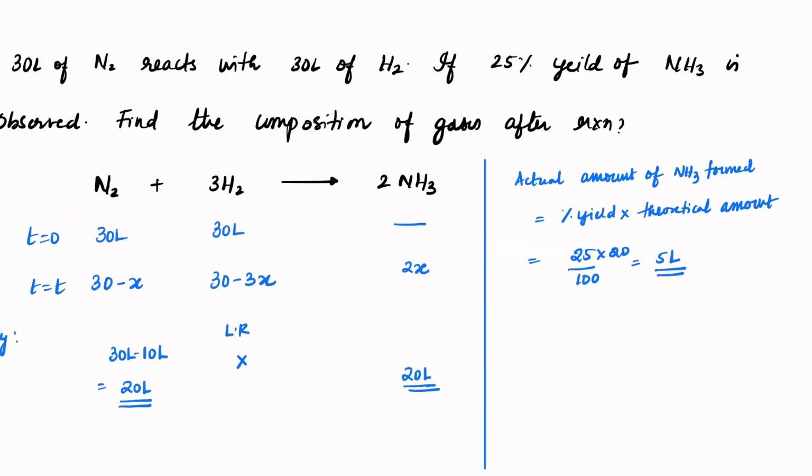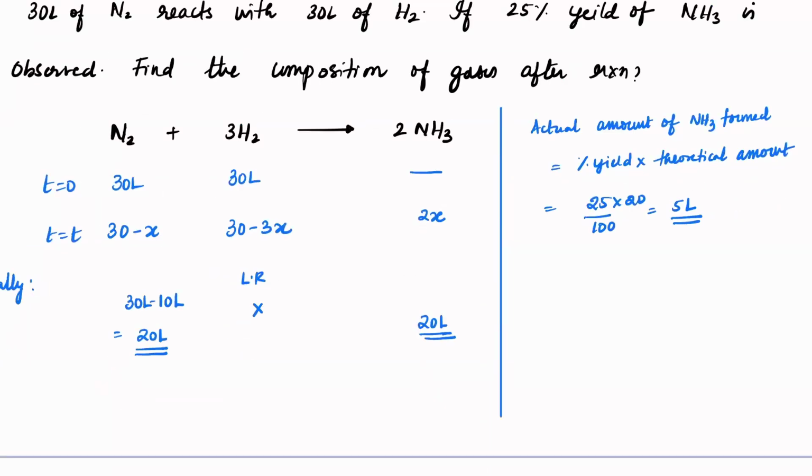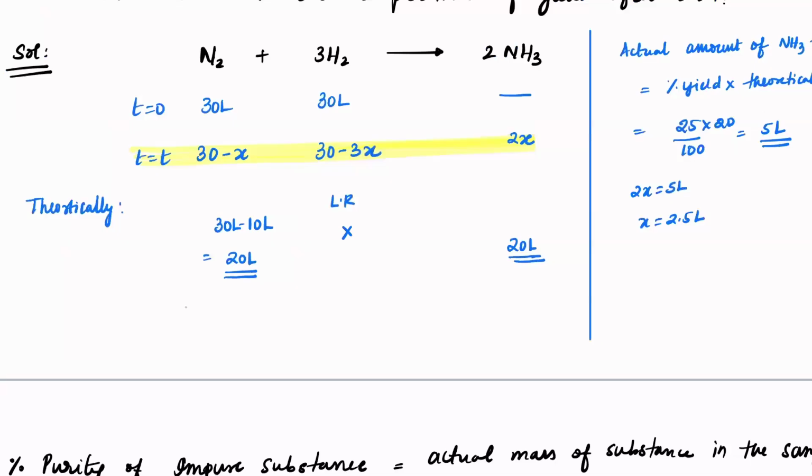So now go back to this equation here, which is what is practically happening. So use that. I can write this as 2x is equal to 5 liters. So in that case, x will be equal to 2.5 liters, correct? So therefore, how much nitrogen will be left over here? 30 minus 2.5, so 27.5 liters of N2 will be left.